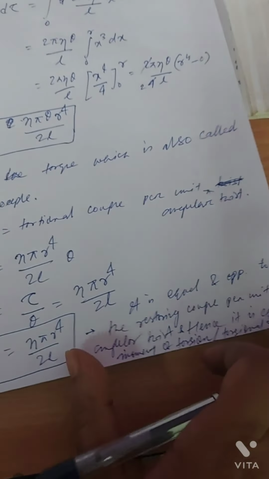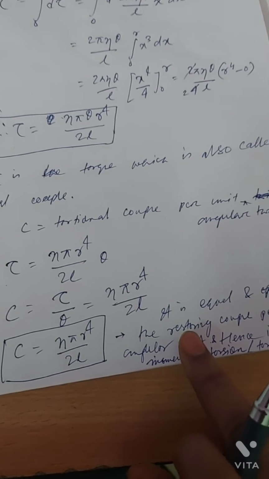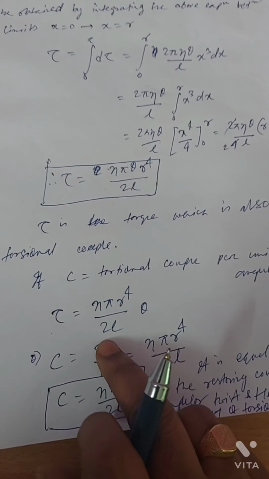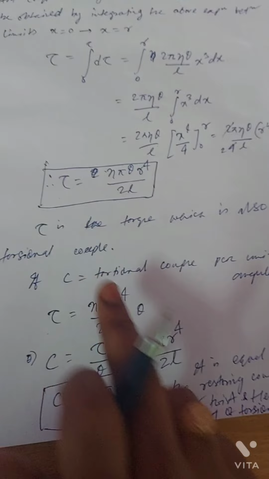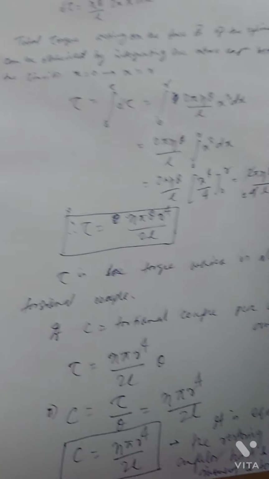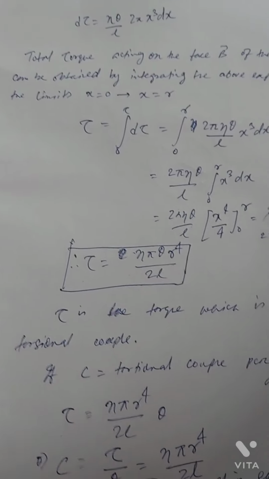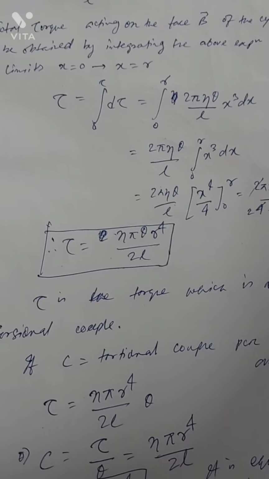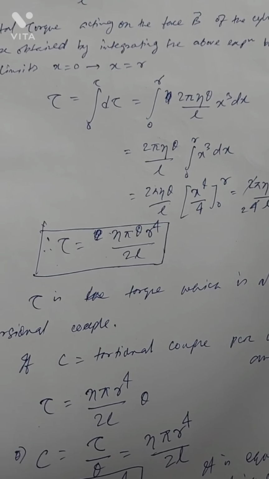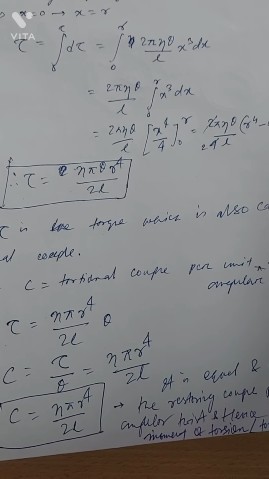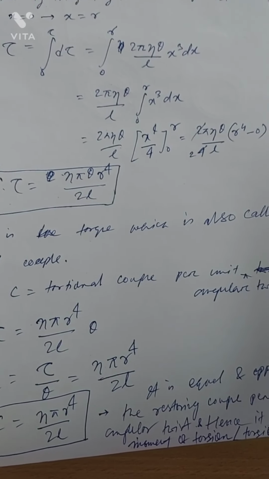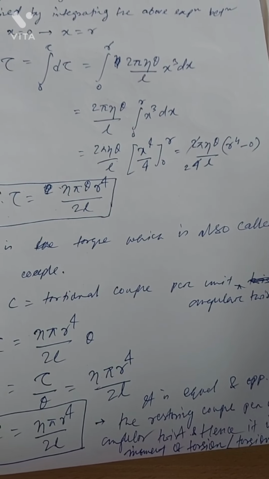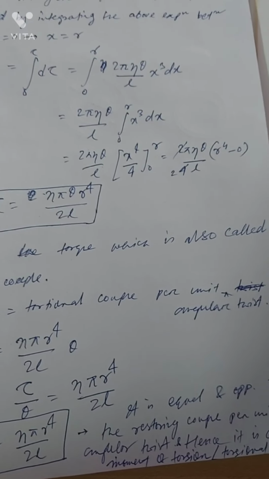See why this C is restoring couple per unit twist. So tau is the torsional couple, and also this tau is the restoring couple. For shearing strain or any type of strain, when we apply a force to deform the body, a resisting force always acts, which is called a restoring force. So for a couple, if we apply an external couple, there will be a restoring couple to bring the body to its original configuration.